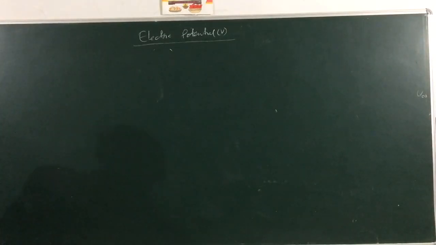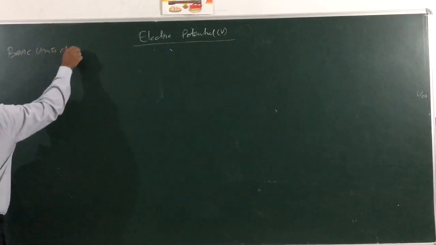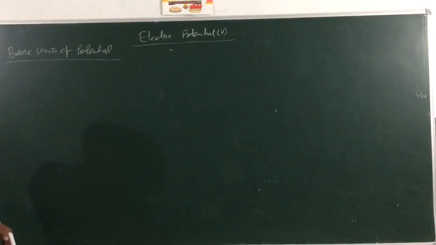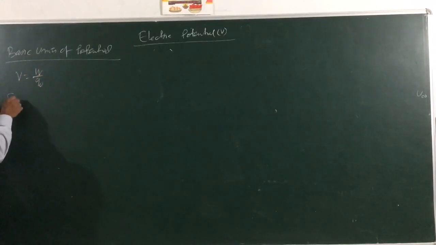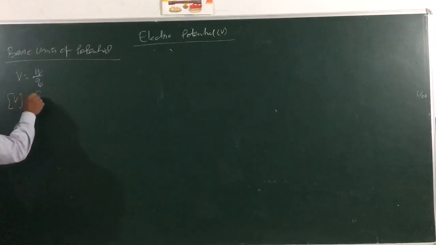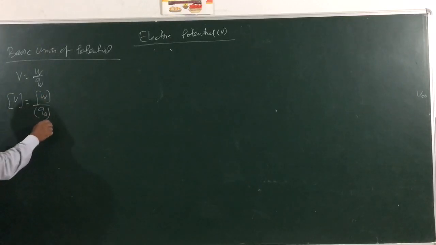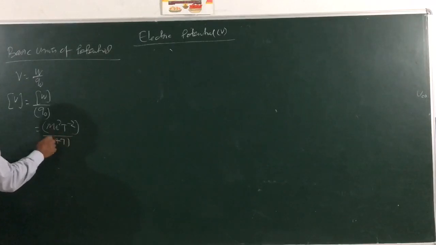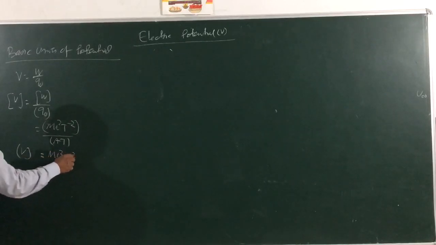So let's work on the basic units of potential. Alright, children, let's see what are the basic units of potential. We know that potential is equal to W by q naught. So if I write the dimension formula for V, the dimension formula for W, the dimension formula for q naught: the dimension formula for W you already know, M L squared T to the power minus 2, which is work, and charge is A into T. If you simplify it, the dimension formula for potential is M L squared T to the power minus 3 A to the power minus 1.